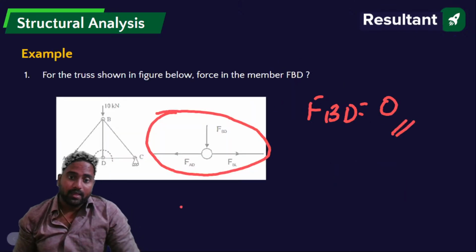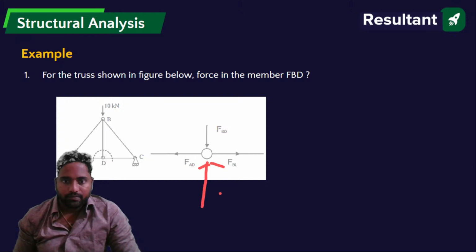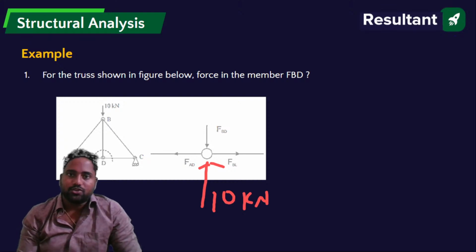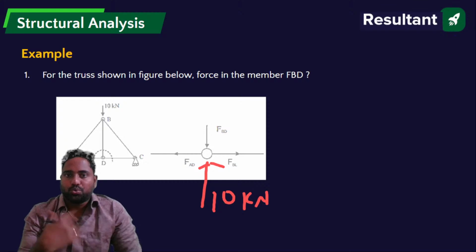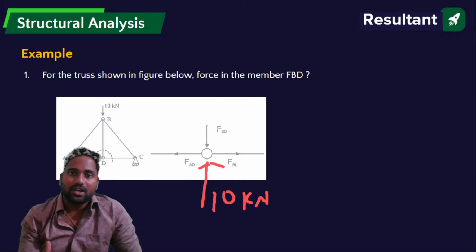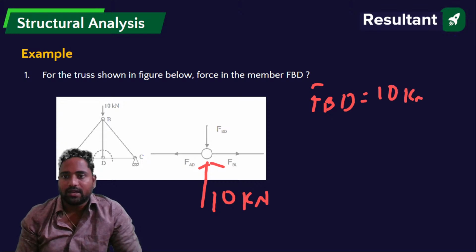Suppose there is an external load of 10 kilonewtons, 20 kilonewtons, whatever it is, and three members are meeting at a joint, out of which two are collinear. If an external force is acting, then force in the third member would simply be FBD equals 10 kilonewtons directly.